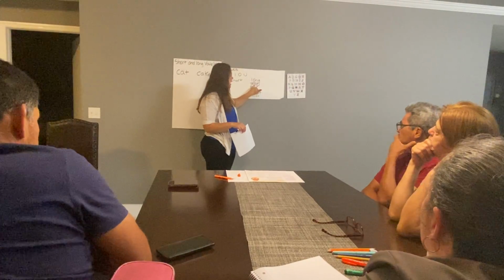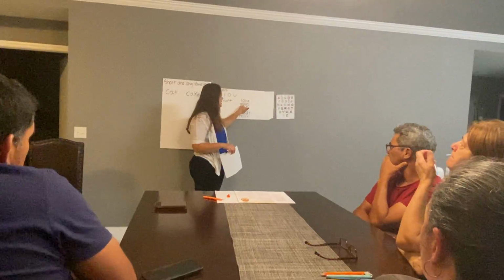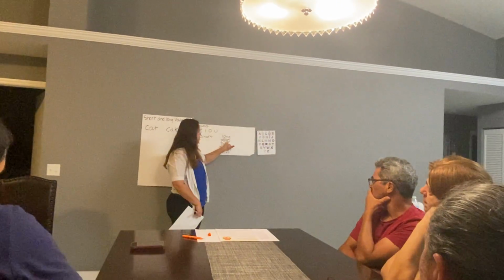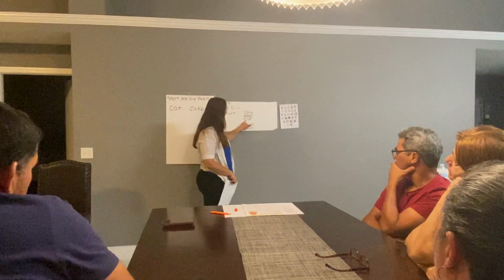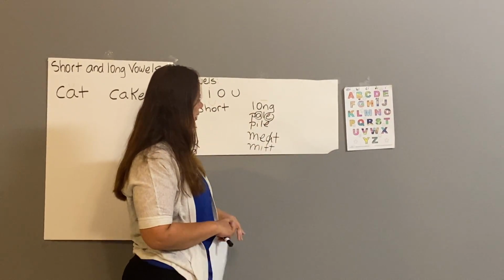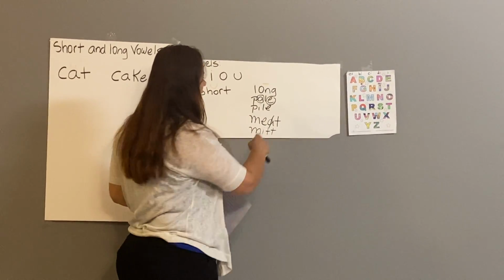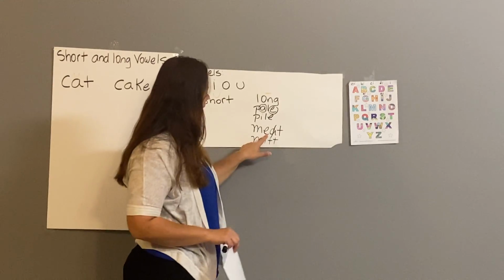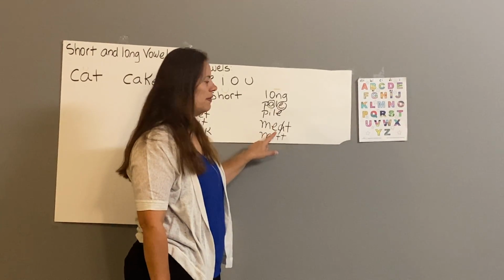So pale, you say it's a long sound because there's two vowels. Pile, you say I because you have two vowels. For meat, you have two vowels. The second vowel is silent, and you say the long sound for the first vowel.